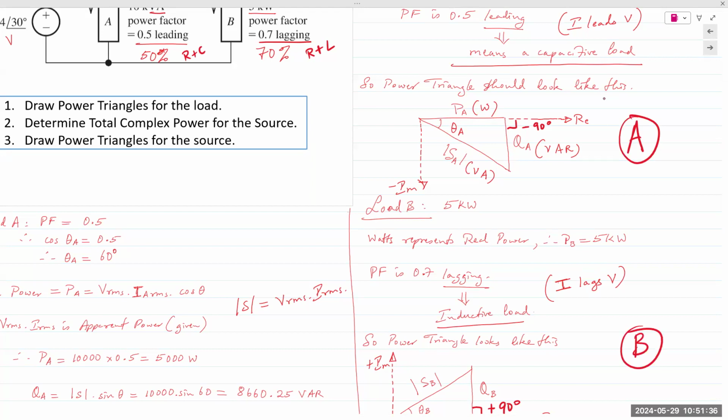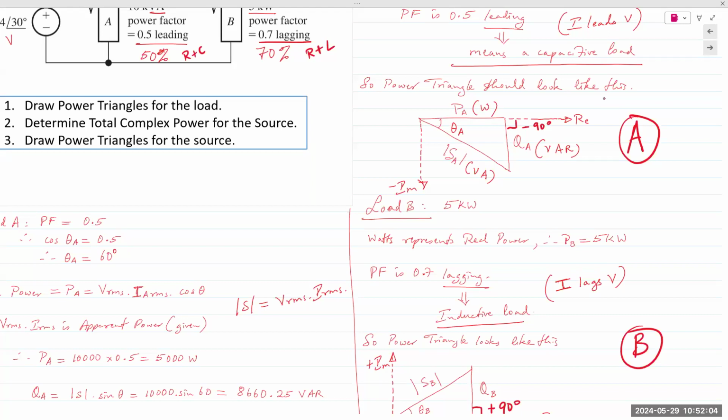Now let's look at how we calculate the values for each side of this triangle. For element A, 10 kVA is given to us, meaning magnitude of S is given to us. If we have magnitude of S, we need to find theta, P, and Q. So we have 4 quantities. We need at least 2 to calculate the other 2.